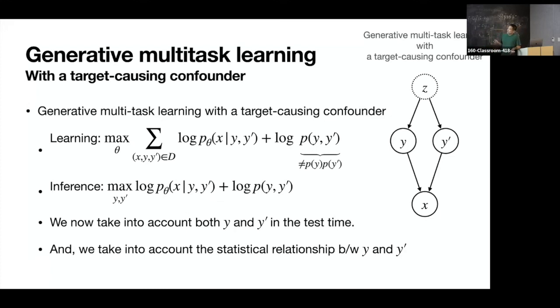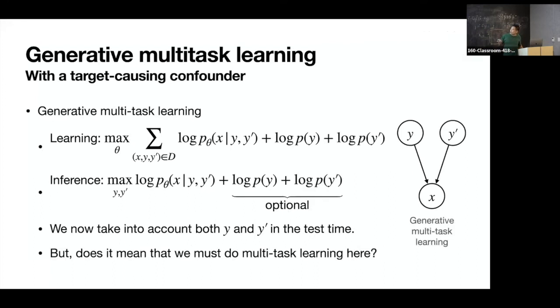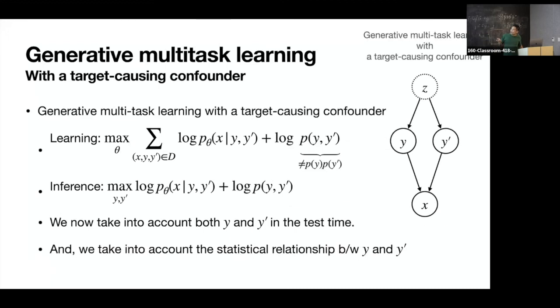And in that case, what is interesting? One thing that changes is that previously we had the sum of log p(y) plus log p(y prime), but we don't have that anymore. We always need to now look at the joint distribution between these two tasks.